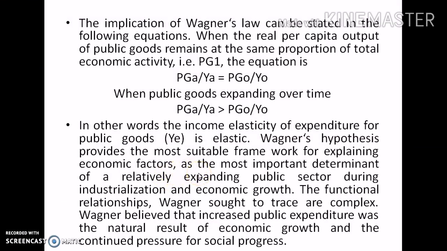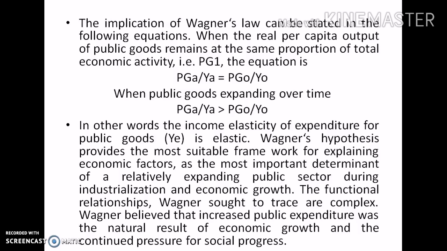The implication of Wagner's law can be stated in the following equation. When the real per capita output of public goods remains at the same proportion of total economic activity, that is PG1, the equation is PGA divided by YA equals PGO divided by YO, where the subscript A refers to a later and the subscript O to an earlier point of time.